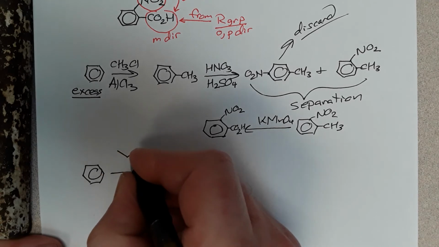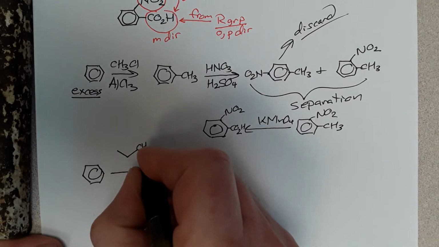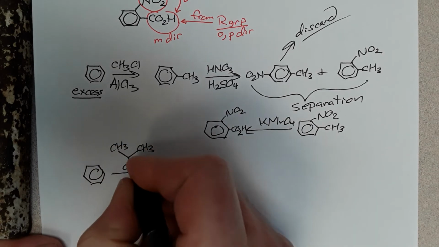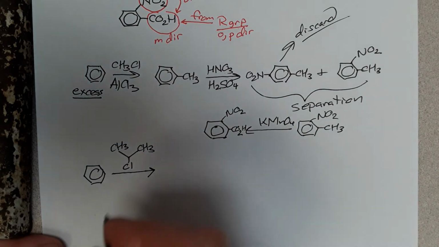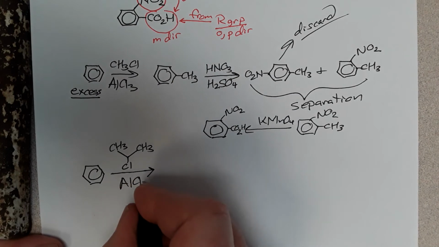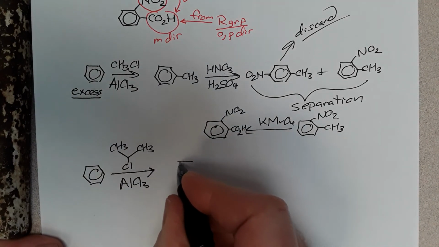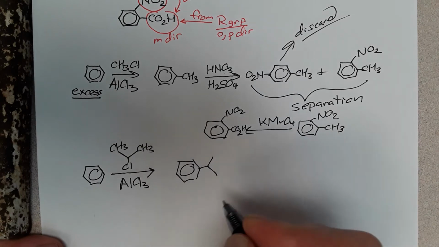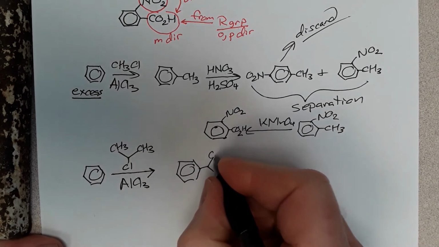So let's add an isopropyl group here, with aluminum trichloride. Instead of having a methyl group, we're going to have in that position an isopropyl group. And so this is bulky.